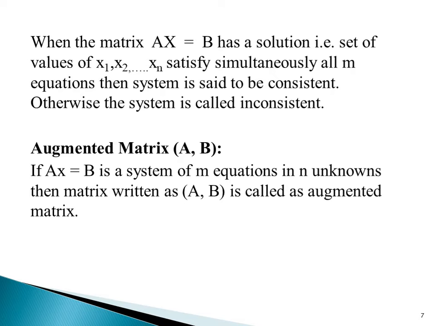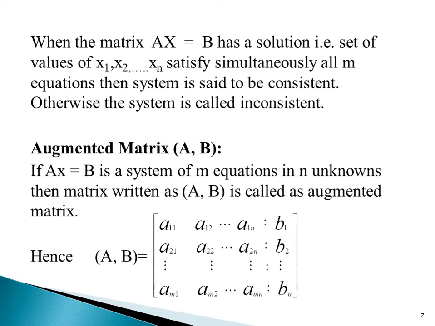It is given by: matrix A, that is a11 a12 up to a1n, then a21 a22 up to a2n and up to am1 am2 up to amn, and we just have to add one column of matrix B, that is b1, b2 up to bm. So remember this matrix is known as an augmented matrix.